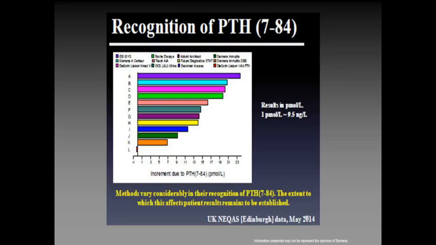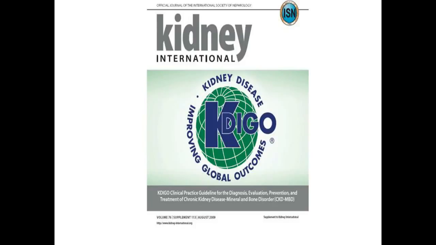So with this great variation in mind, you can see how difficult it is to make clinical practice guidelines. And for this issue of progressive hyperparathyroidism in chronic kidney disease, there have been 2 attempts to make clinical practice guidelines.